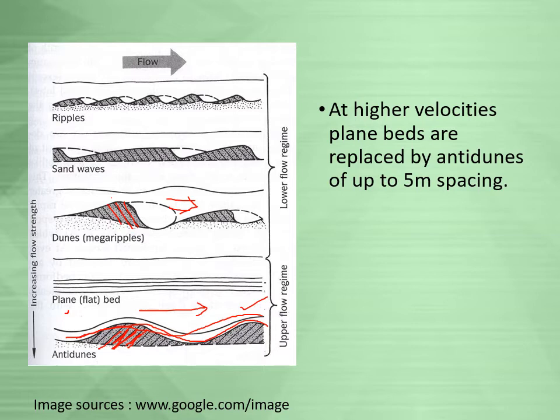So the internal laminae in antidunes are inclined upcurrent. That is the difference of identification between dune and antidune. Otherwise the dimension and the external morphology are almost the same. The spacing between two successive antidunes is almost 5 meters.